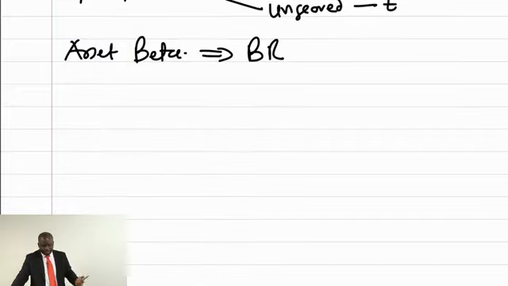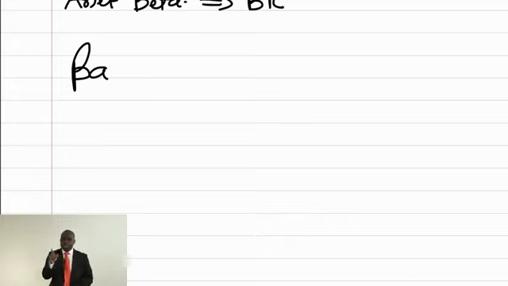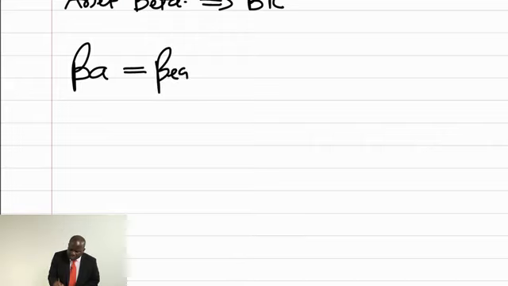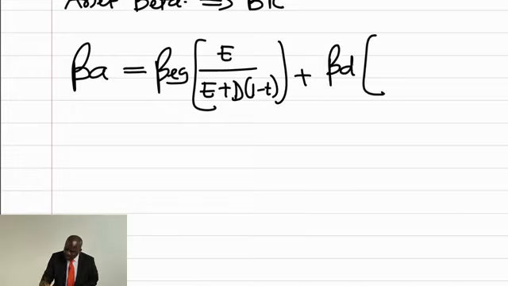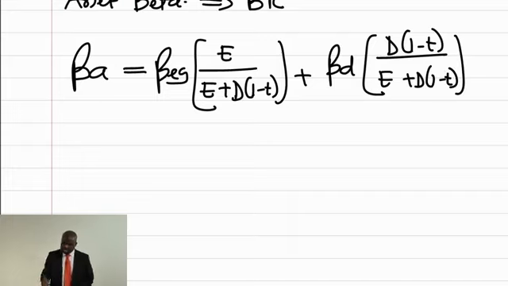And they gave that big formula. All they said is that the asset beta, which measures only business risk, the same as an ungeared beta, should be calculated as the equity beta geared, market value of equity plus market value of debt, 1 minus T, plus debt beta, market value of debt, 1 minus T, divided by equity plus debt, 1 minus T. And this should give you the full formula.